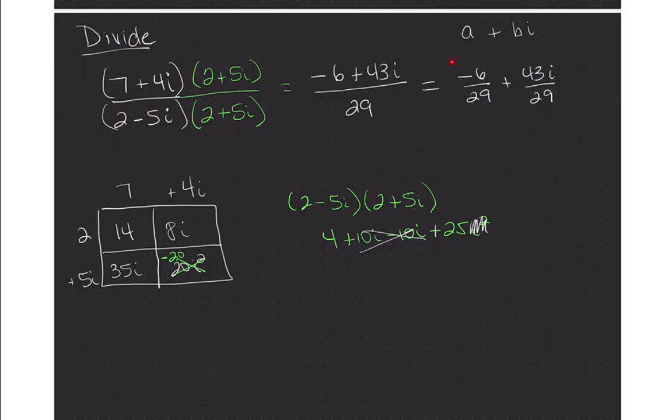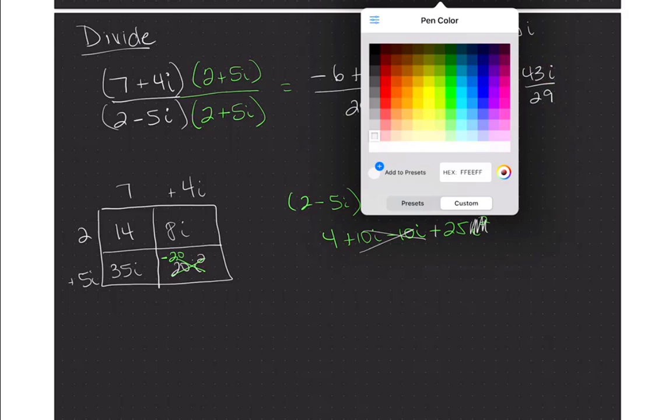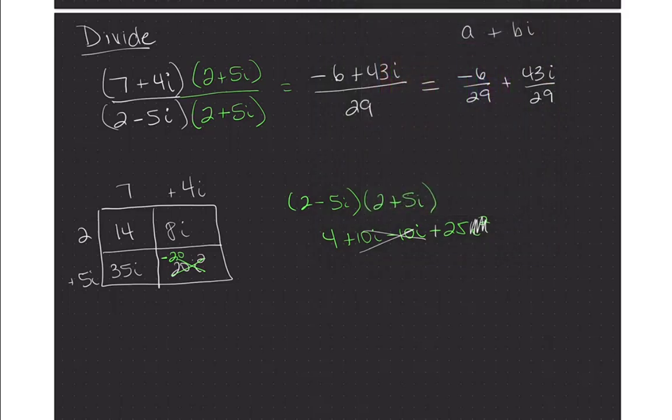Now you can look at each of these fractions. Can I reduce that? Is there a number that goes into 6 and 29? No. Then I can do the same thing over here, looking at that 43 over 29. Is there a number that goes into both of those? No. So we're going to leave it the way it is. Now you guys have just divided complex numbers.